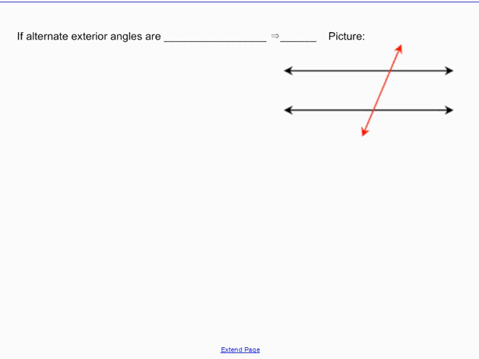Alternate exterior angles. Okay, so alternate exterior angles. We're going to go back to yellow. If alternate exterior angles are congruent, then the lines are parallel.